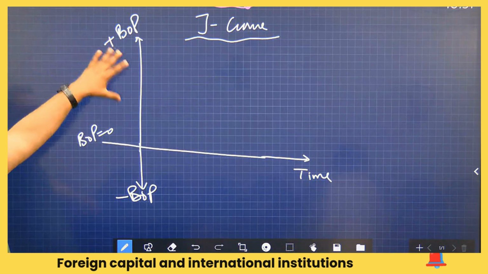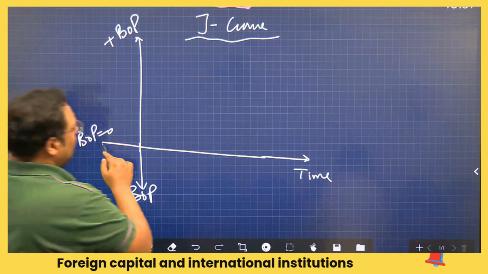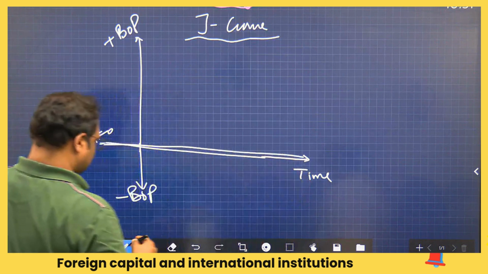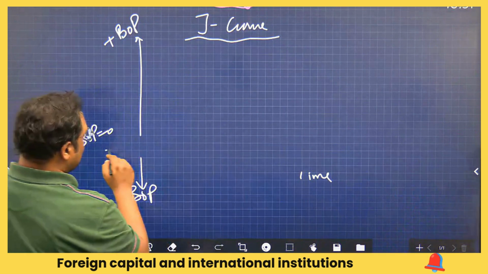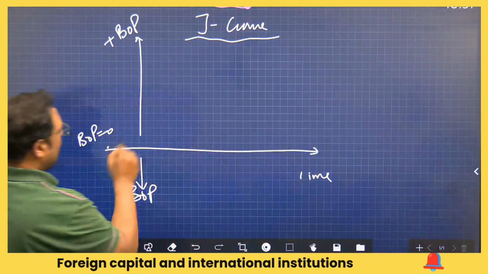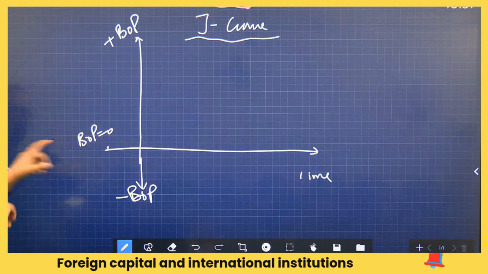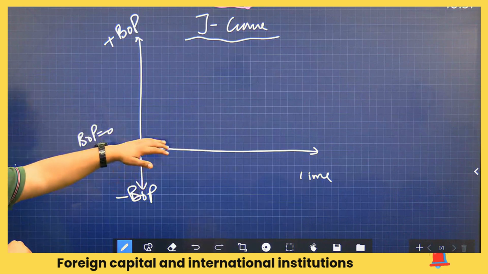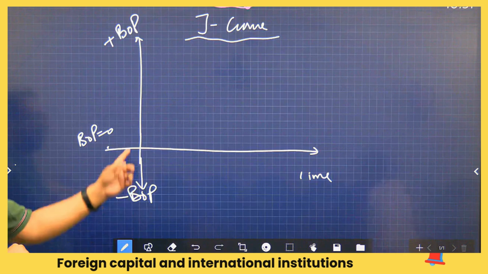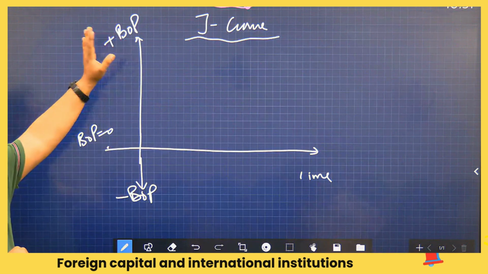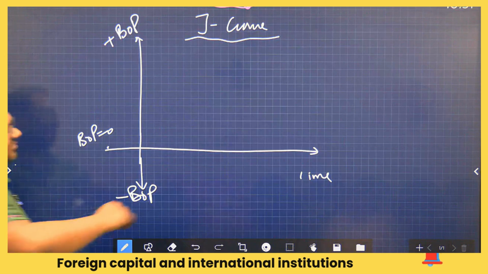On the y-axis we have BOP, and at the horizontal line BOP is equal to 0. Now when you go below the horizontal line, into the negative of the y-axis, then BOP is negative. And if you go up, BOP is positive. So that is the axis that we are working with.